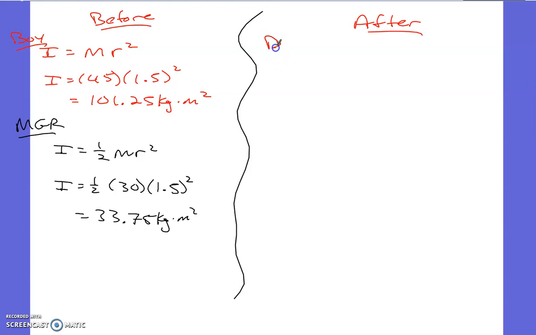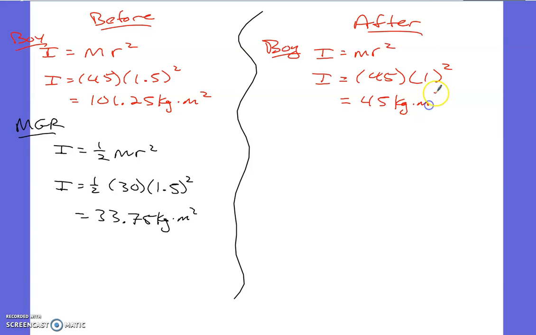Now the boy, afterwards, still has the same shape, still a point mass going around a circle, so it's still just mr squared. The mass is still 45, but now his radius is 1. This gives us a moment of inertia of 45 kilograms times meters squared.